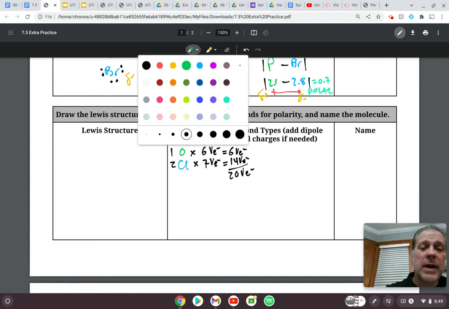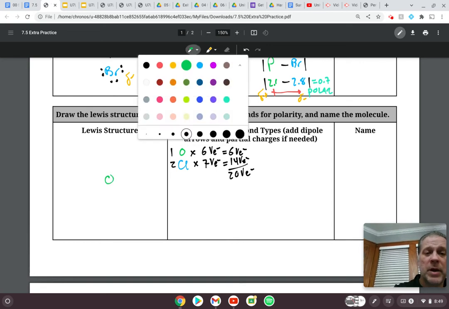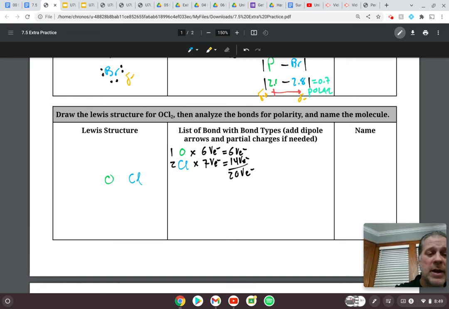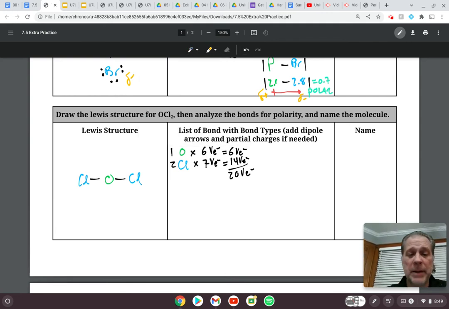I'm going to take my oxygen and place it in the middle, and put chlorine on either side. And I'm going to bond them to each other with a single bond. So now at this point, I've used 4 electrons, so I have 16 electrons to place. So I'm going to start adding pairs: 2, 4, 6, 8, 10, 12, 14, 16.